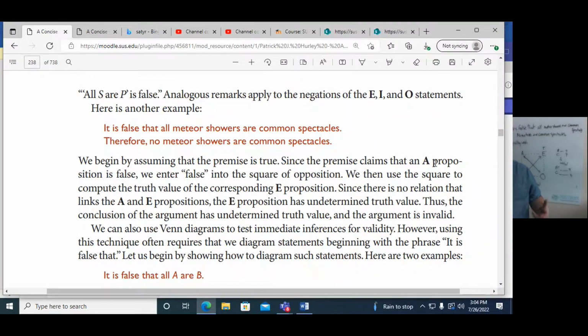Since the premise claims the A proposition is false, we enter false into the square of opposition. We then use the square to compute the value of the corresponding E proposition. Since there is no relation that links the A and E, the E proposition has an undetermined truth value. Thus, the conclusion of the argument has an undetermined truth value and the argument is invalid. So logically undetermined immediately means that the argument's invalid.